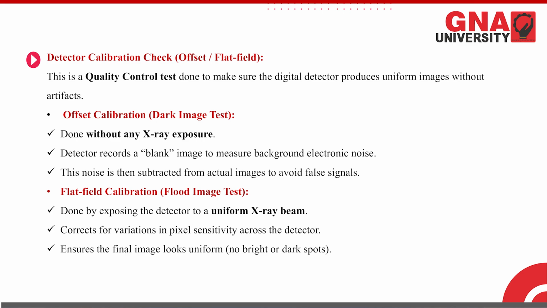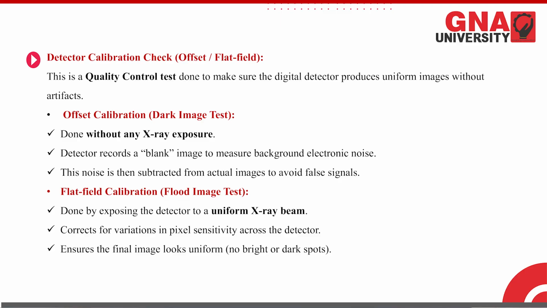That means we don't have to expose the detectors, but we have to switch on the detectors, switch on the machine. There is always what we call electronic noise, some sort of signal which is produced by the detectors. So the detectors record that signal and produce a black image to measure background electronic noise.